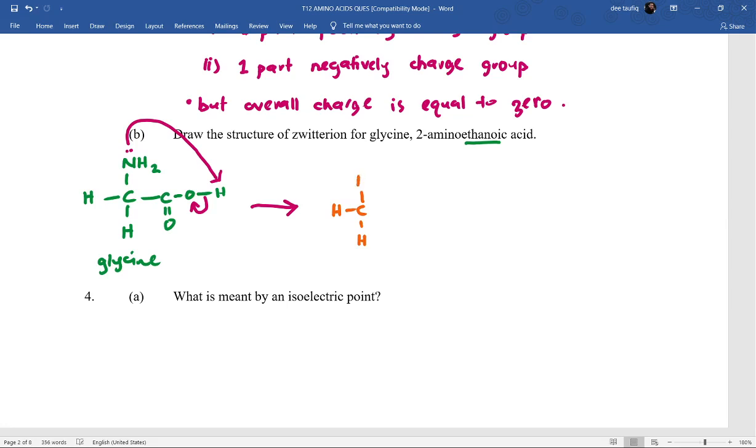Since the nitrogen already take away this hydrogen, it will become NH3 and it will have a positive charge on that nitrogen. And then our carboxylic acid group will become COO. Since the electron from the bonding return to oxygen, this oxygen will become O-. So this is the zwitterion.